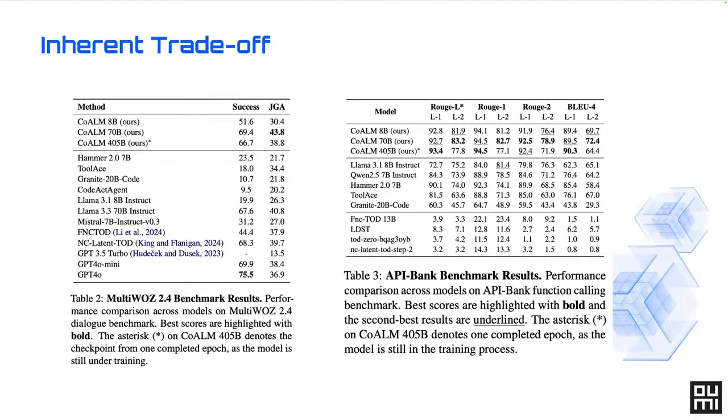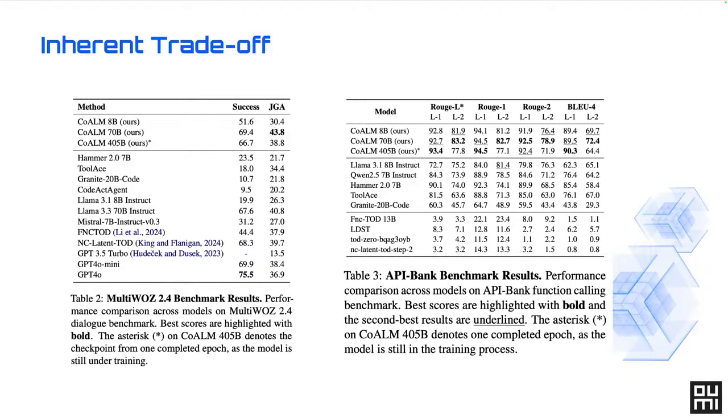This benchmark is more an example of task-oriented dialogue, so multi-turn dialogue. Whereas in table 3, it's a different benchmark called API bank. These are two different benchmarks measuring very orthogonal dimensions of what agents are able to do.